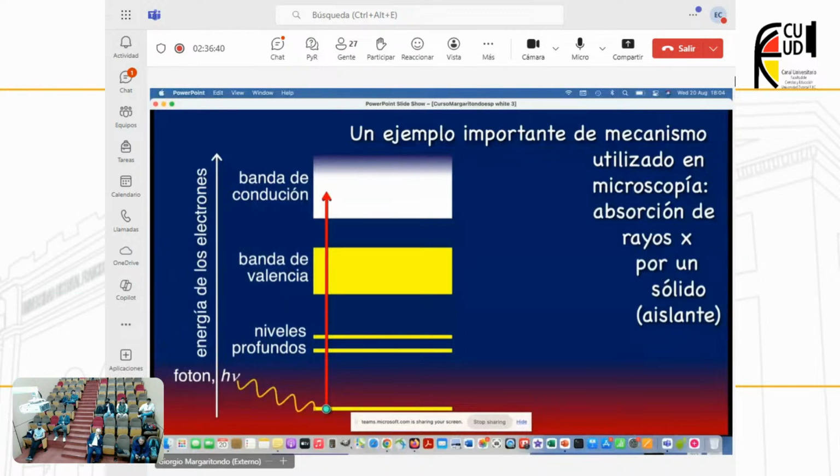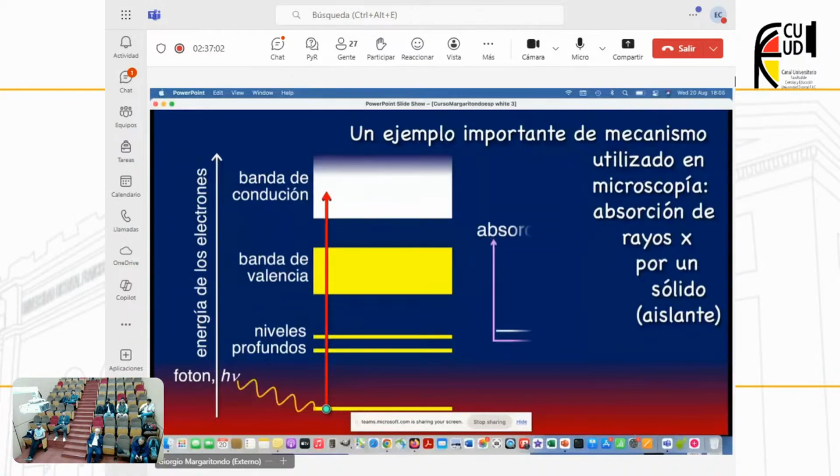And in an insulating solid, the conduction band, at least at zero temperature, is empty. And so you have phenomena of this kind, and you have large distances in energy that allow you to absorb X-rays. So what are the consequences on the spectroscopy?